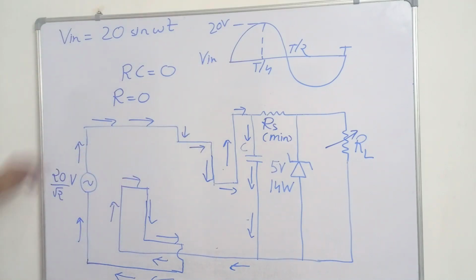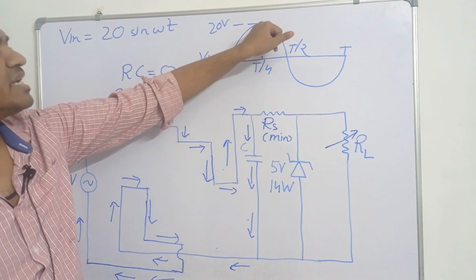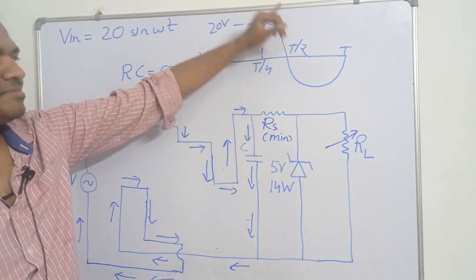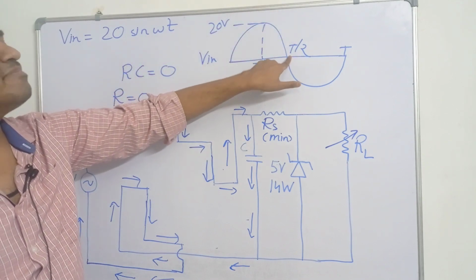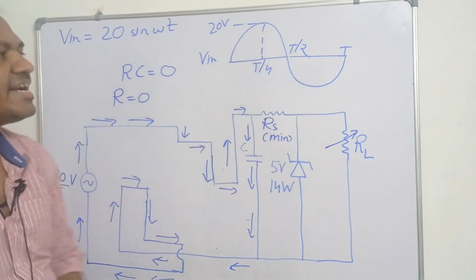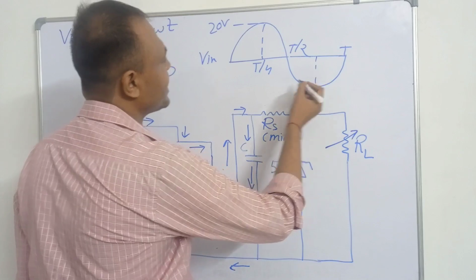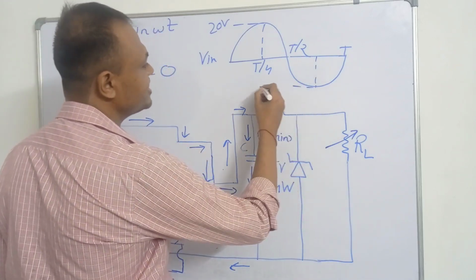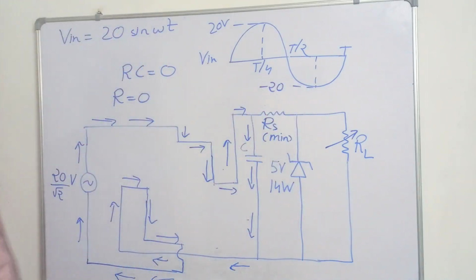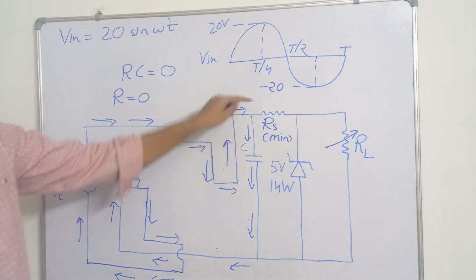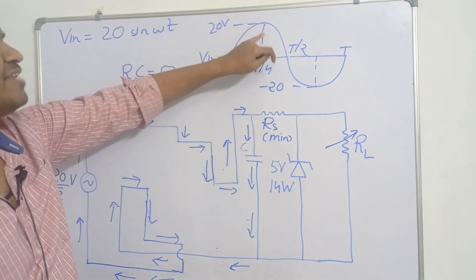V in is 20 sine omega t. At T by 4 it has charged to 20 volt. At T by 2 it will come to 0. At 3T by 4 it will be minus 20. This is the waveform of the input voltage. The capacitor will also charge by this same waveform.